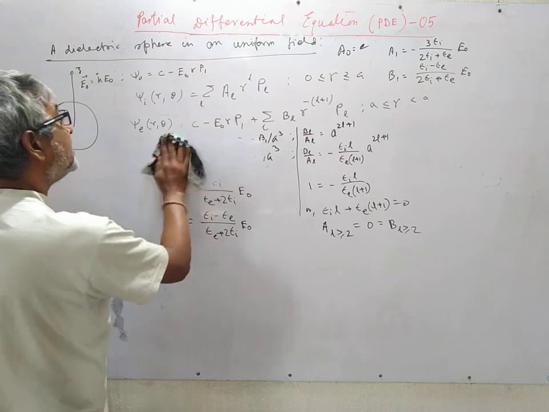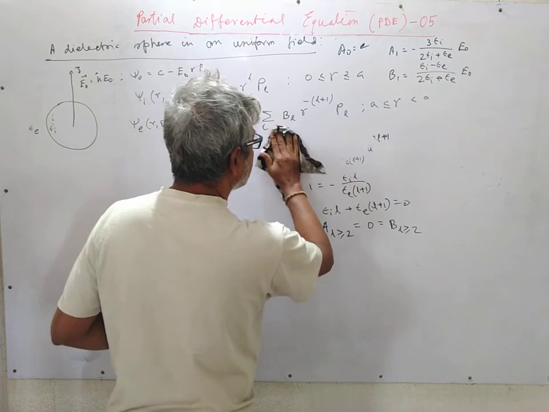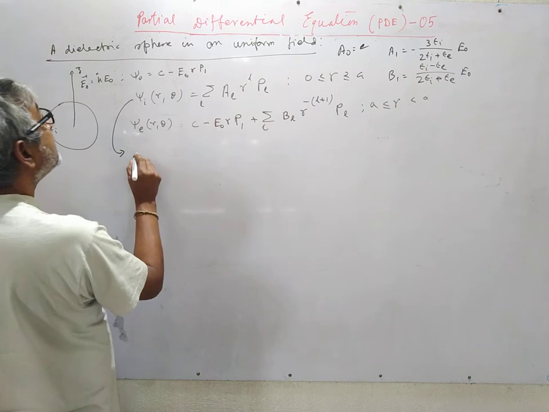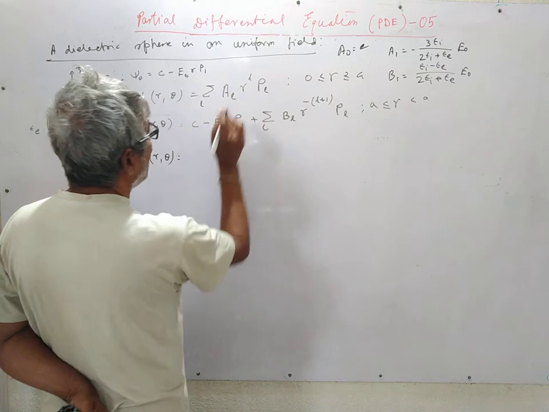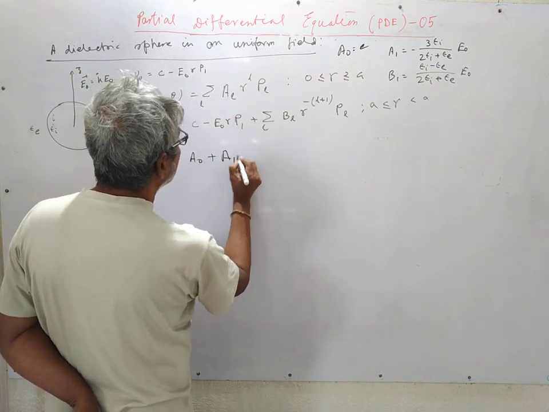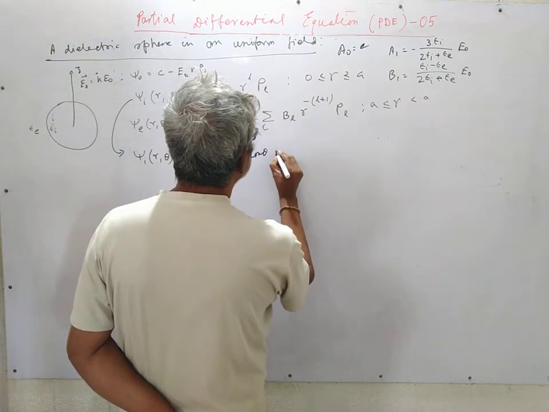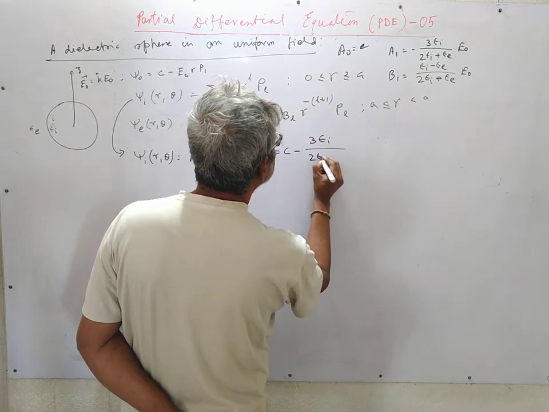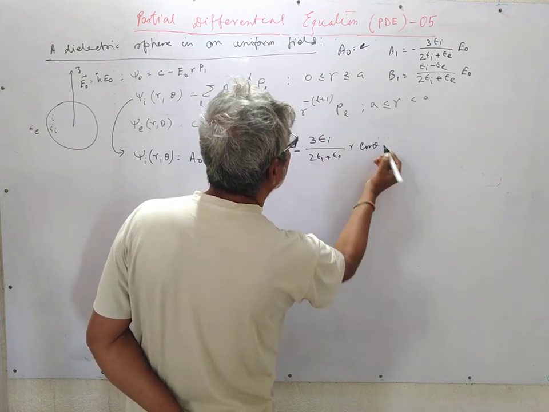So the potential in the internal region simplifies to phi internal at r, theta is only A0, which is equal to C plus A1 r cos theta. So this is C minus 3 epsilon I over twice epsilon I plus epsilon E, times E0 r cos theta.